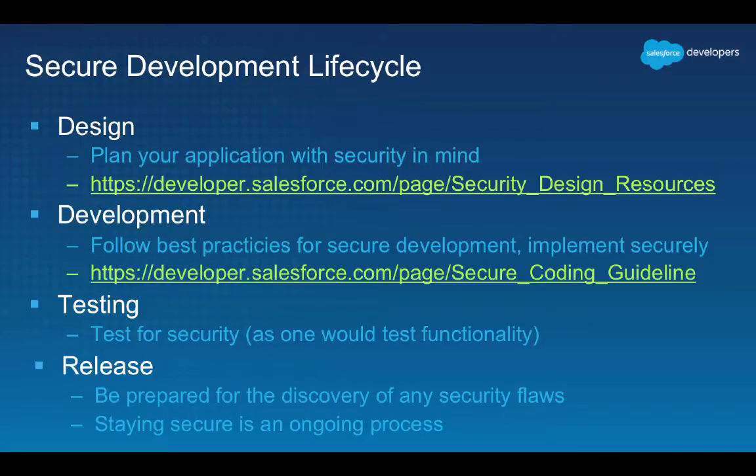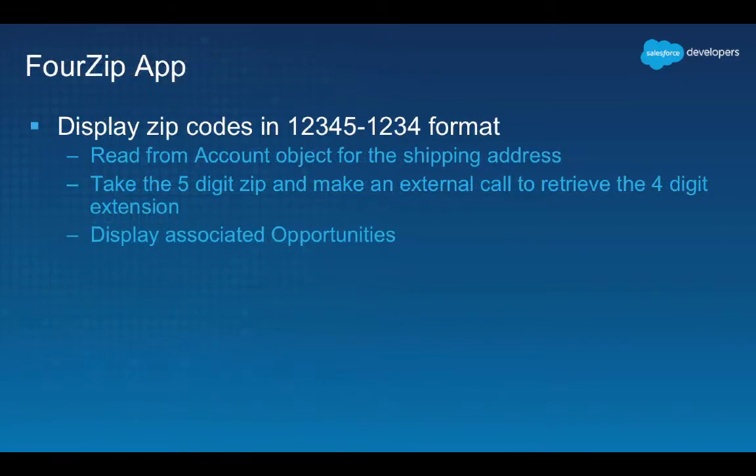So you need to be able to address issues if they come up, and you'll need to be able to patch them and re-release. Staying secure is an ongoing process. So as you release more features, as you develop new parts of your project, you'll want those to be secure as well. And with that, we're going to hand it over to Lihan to talk about the demo application that we'll use today to illustrate the security issues we'll be talking about.